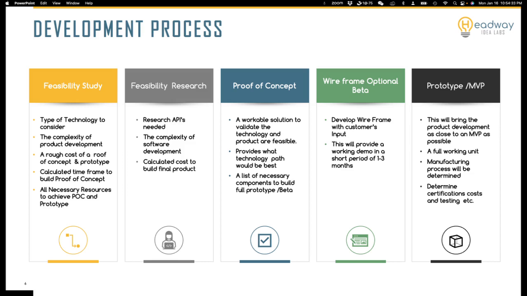Not because of all the features it has, not because of how nice it looks, not because of how fast it goes, but because it solves that customer's pain point. So, minimal viable product. You can have one feature on this MVP, but that feature solves a huge problem for that customer, and the customer can't wait to get their hands on it.